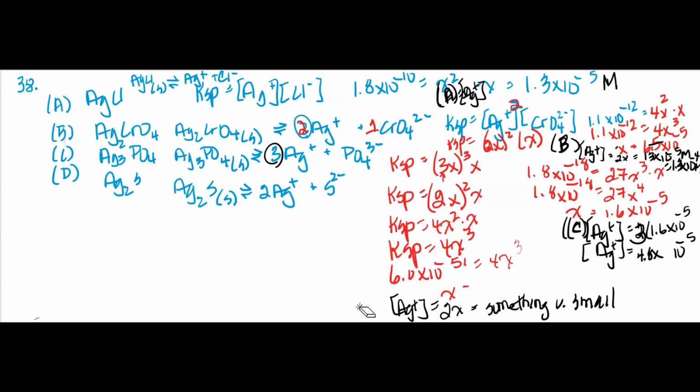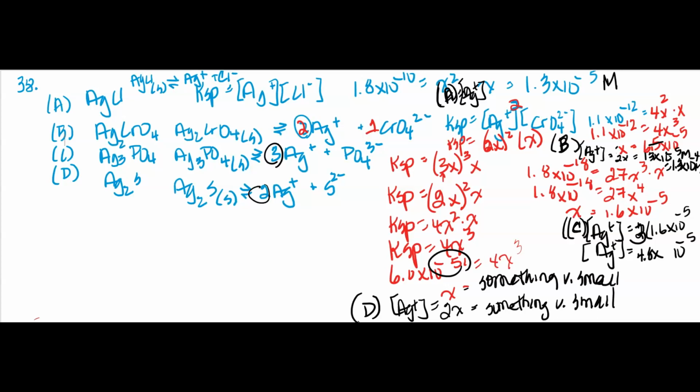And for D, silver ion concentration is 2x, and since x is something very small, we know it's something very small because the exponent is times 10 to the minus 51.